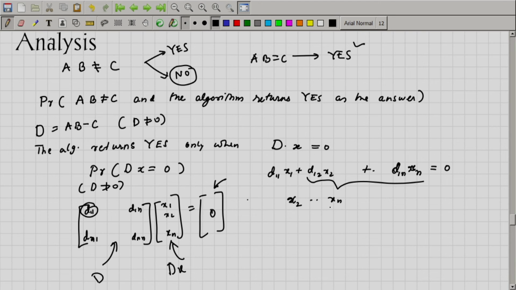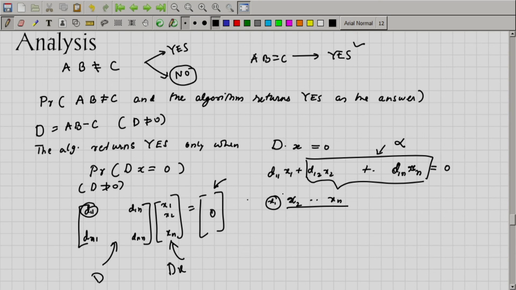Okay, so that gives us some particular vector with x1 not yet being chosen. Now, once you fix x2 to xn, the expression D12 up to D1n gets fixed, and let us say that value is alpha.